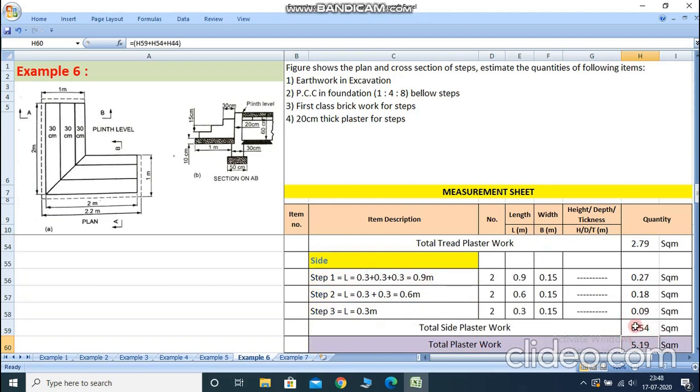So the summation of the riser, tread and side plaster work gives the total plaster work of 5.19 meter square. So this example is finished.